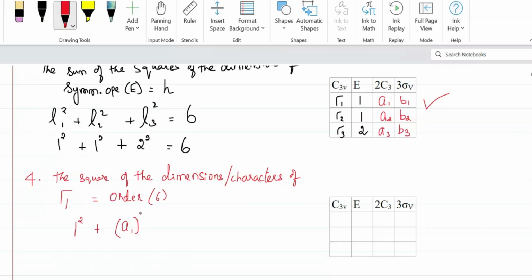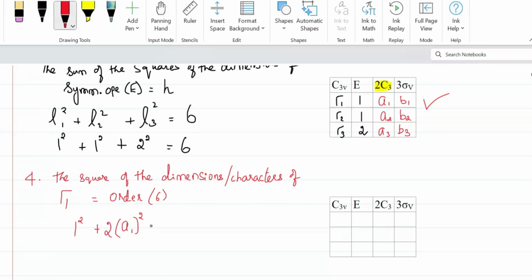In this case, we are going to multiply by the number of operations in each class. So how many operations are there in this class? 2 operations are there in this particular class, so we need to multiply by 2 here.